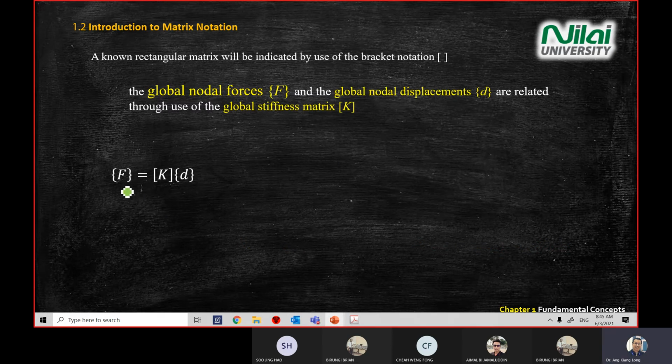So we always write our equation F equal to KD. Again, remember the shape of the bracket that you use. For force and D, use curly bracket. K is always a square. And if you use capital F, remember the K also capital. If you write F equal to small k times D, you get the wrong answer.